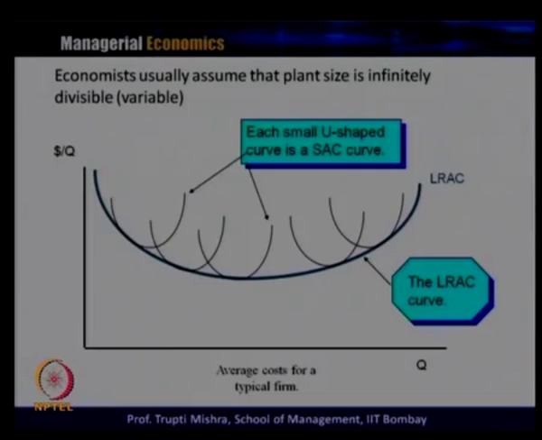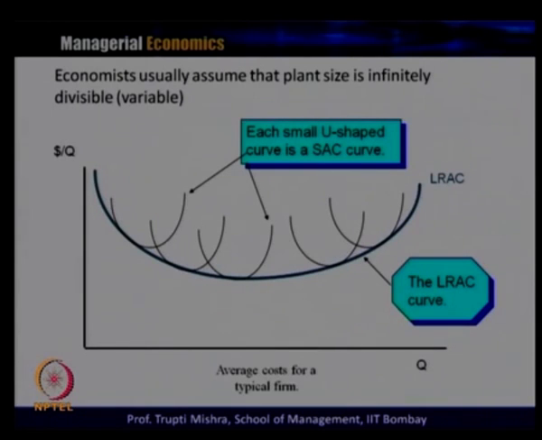So, this is the typical example of the long run average cost curve, and economists usually assume that the plant size is infinitely divisible, that is variable, and each small U-shaped curve is the short run average cost curve, and this is the long run average cost curve.